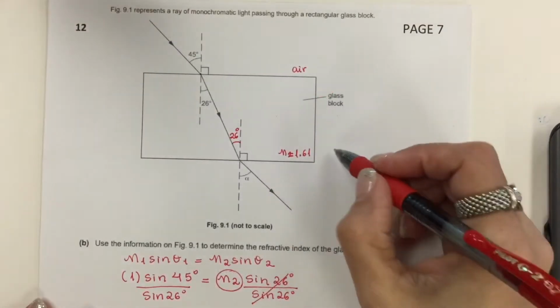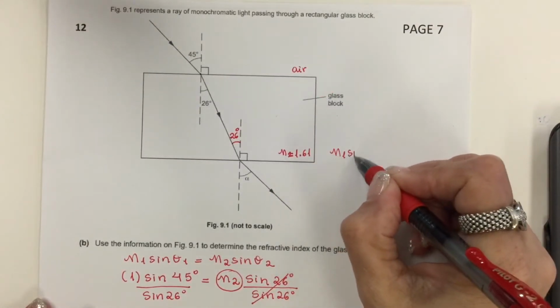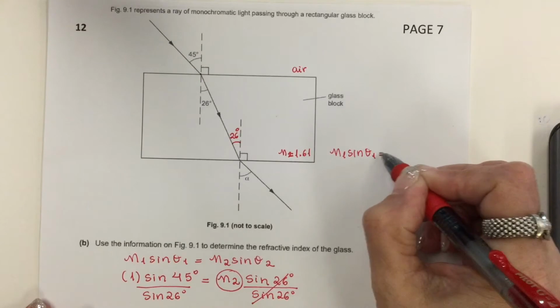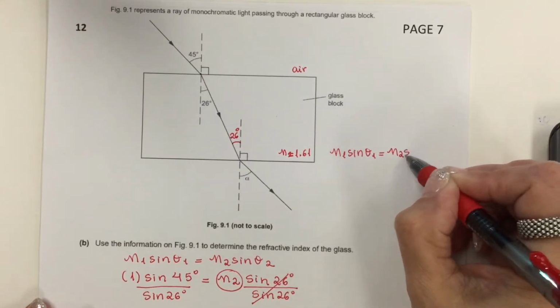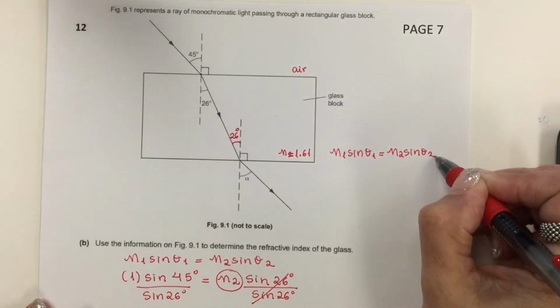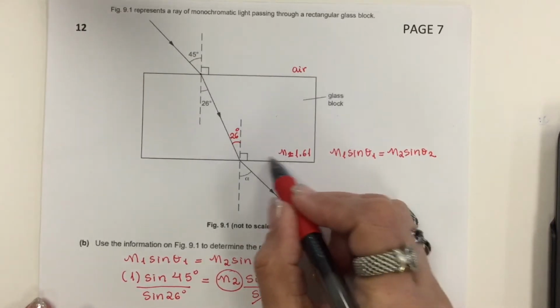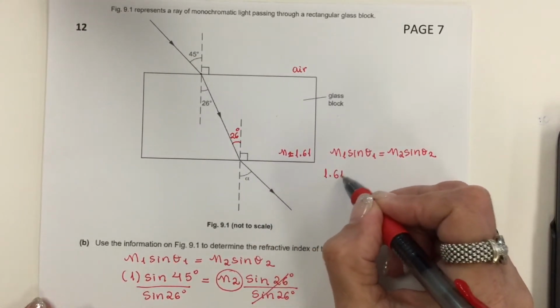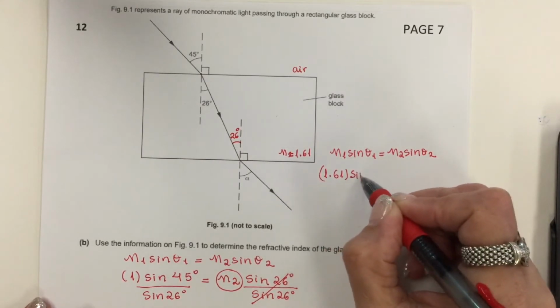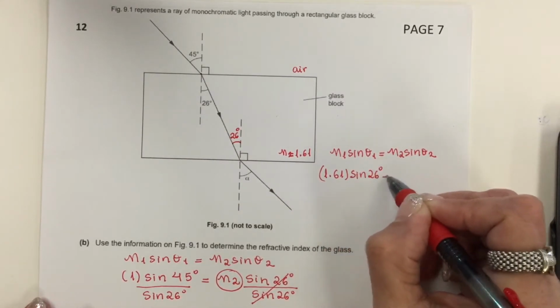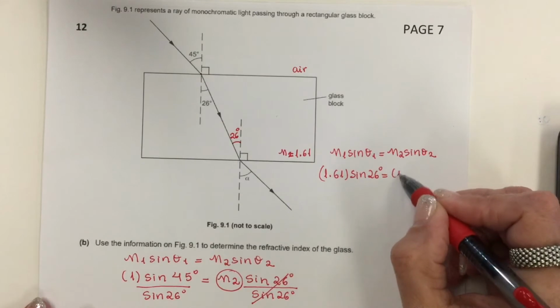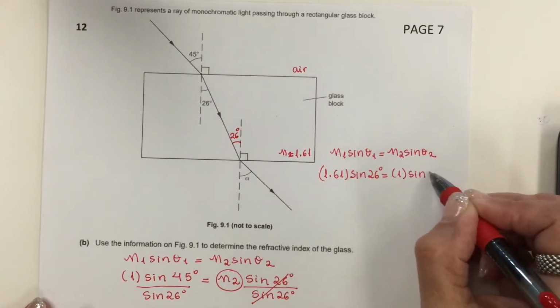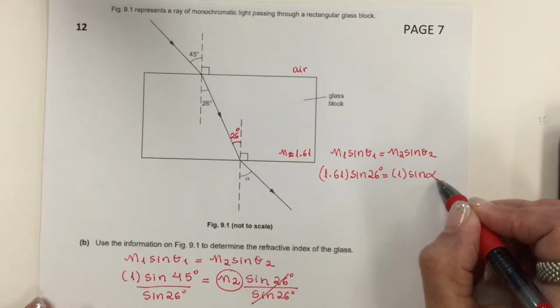So in this case, N1 sine of theta 1 is equal to N2 sine of theta 2. My N1 is above the boundary line, so it's 1.61 sine of 26 degrees. N2 is 1, sine of the angle, now alpha.